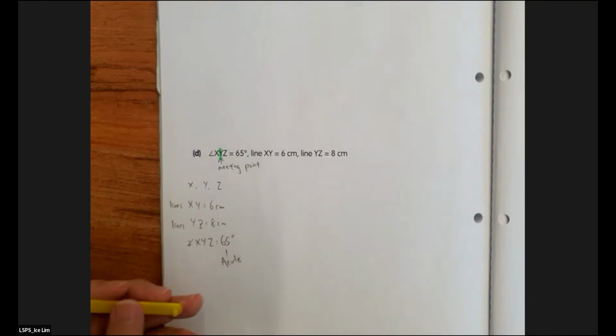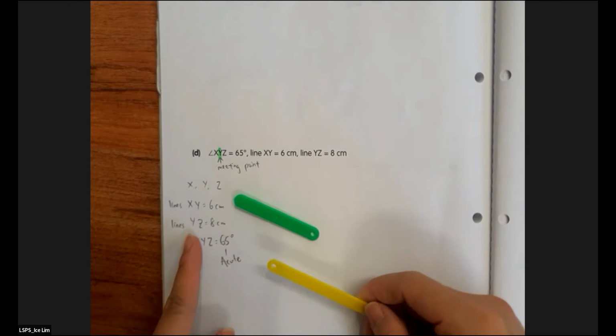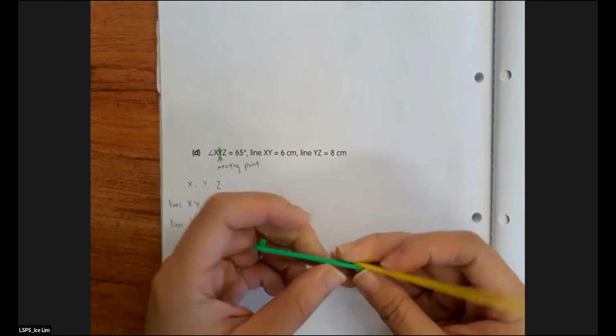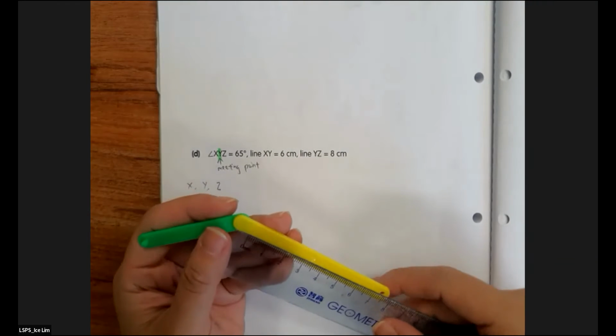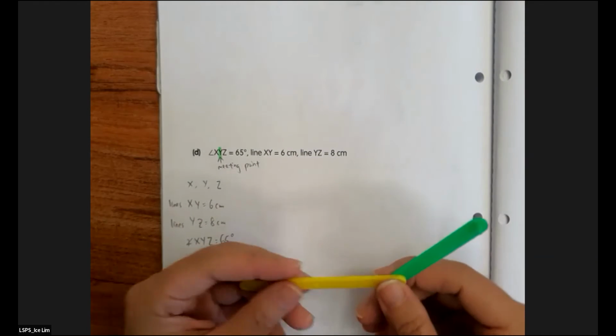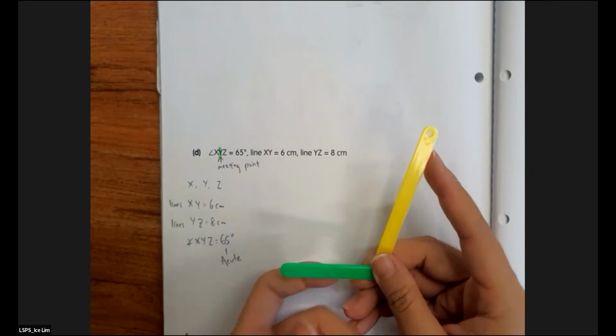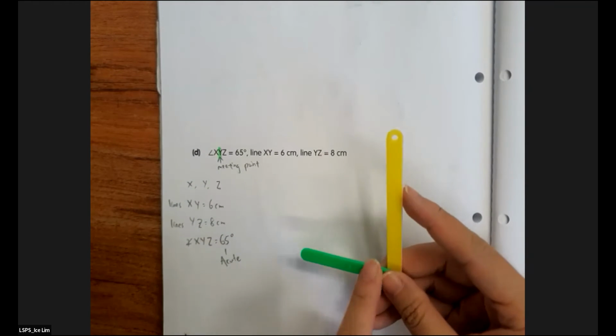One line is longer than the other. XY is shorter, YZ is longer, 65 degrees, XYZ.